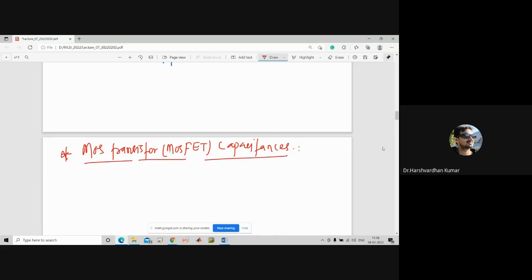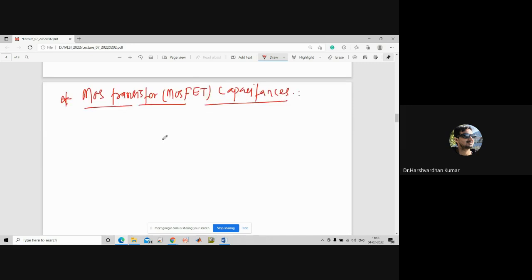So let us first draw the structure. Here I will try to draw the 3D structure, but my drawing is very weak.